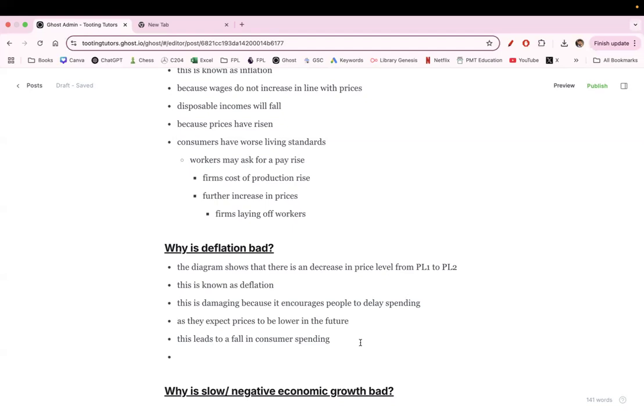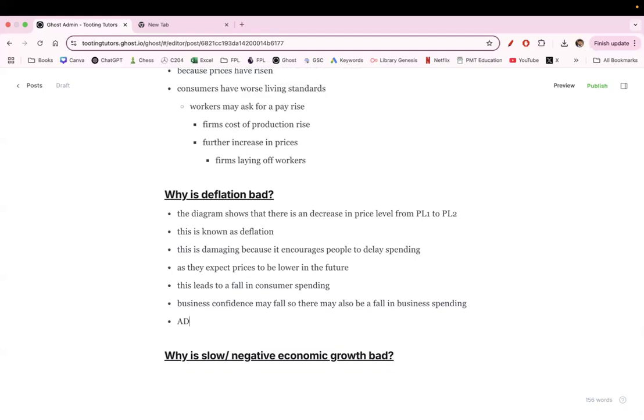Good. What else? First of all, business confidence may fall. But there may also be a fall in business spending.